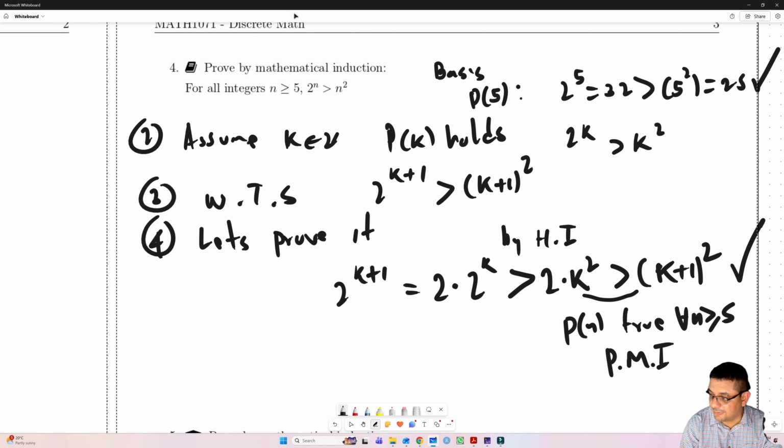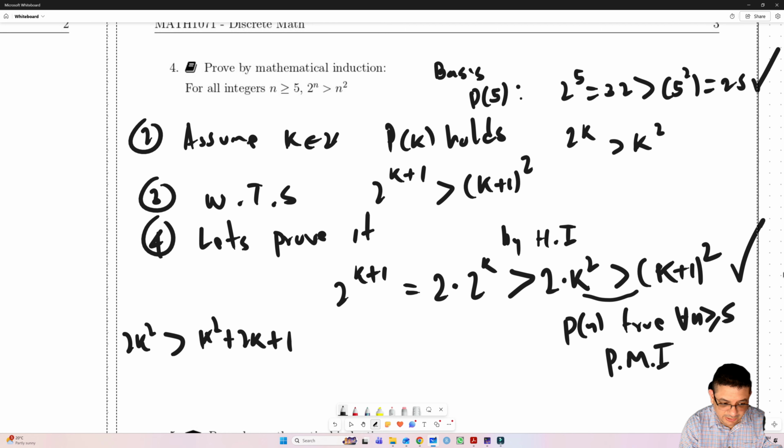So notice that, or we actually mentioned something similar to this before, we can see (k plus 1) squared as k squared plus 2k plus 1, right? So I'm saying that 2k squared is bigger than this.